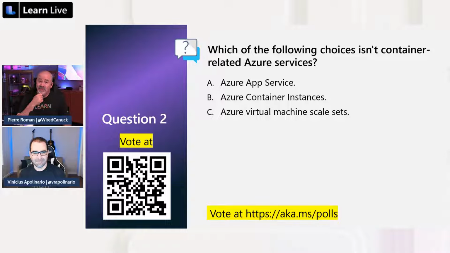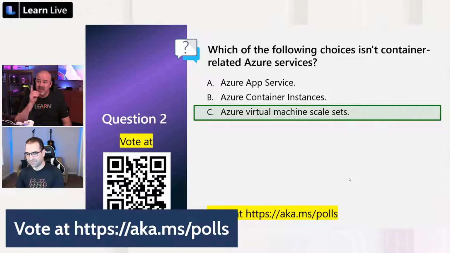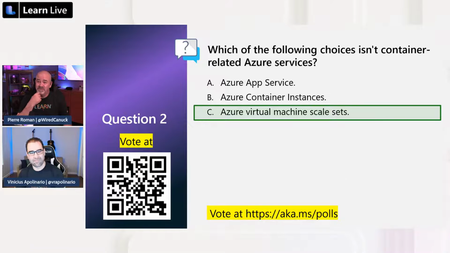I think it's pretty obvious here that we've already said that containers and VMs are completely separate. So I would say C, a virtual machine scale set, is not related to containers. Yep. Now, the thing here is you could actually spin up a VM and run containers on top of it. That's right. But it's not a managed service. So App Service, ACR, ACI, those are services that were specifically created for the life cycle of containers. Right.